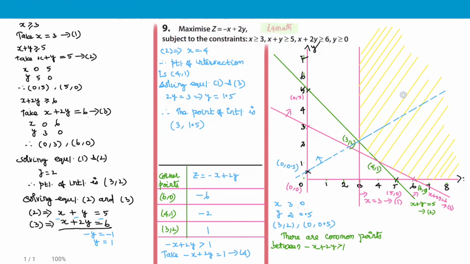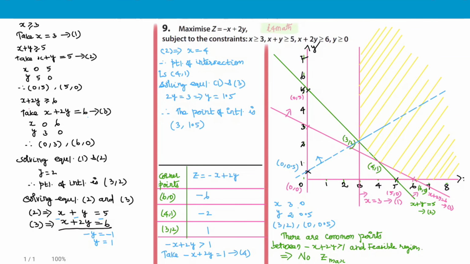Already the feasible region is there, so we have the common points. So we can write, there are common points between minus x plus 2y greater than 1 and the feasible region. So this implies no z max. That means the maximum value of z does not exist.